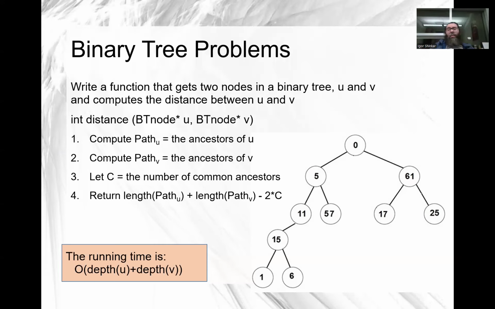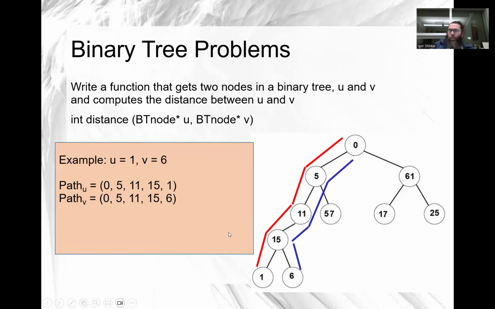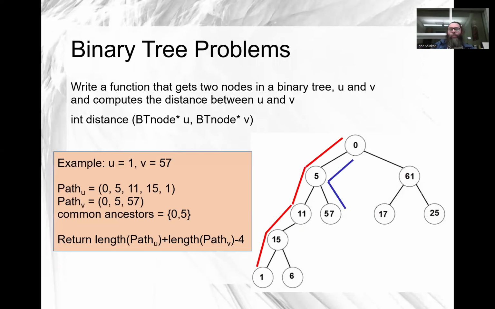So the running time of this is no more than the size of these 2 lists. And then we do this plus this minus that. So the total running time is the depth of u plus the depth of v. So order of that. Okay, I hope this algorithm was kind of clear.